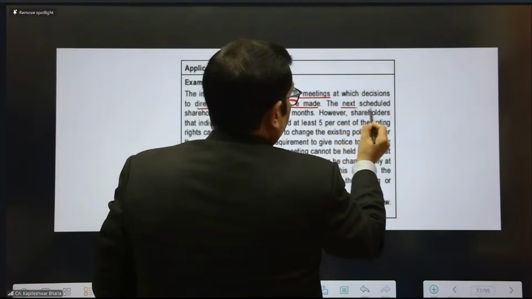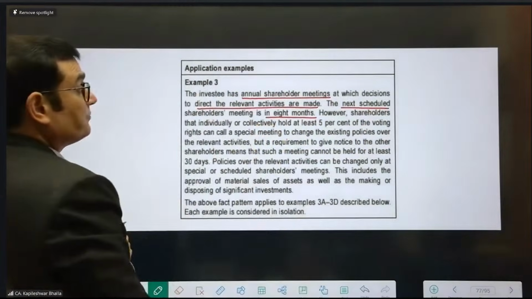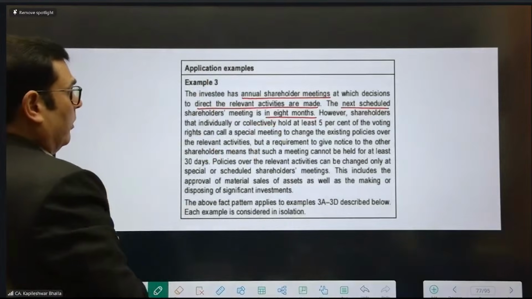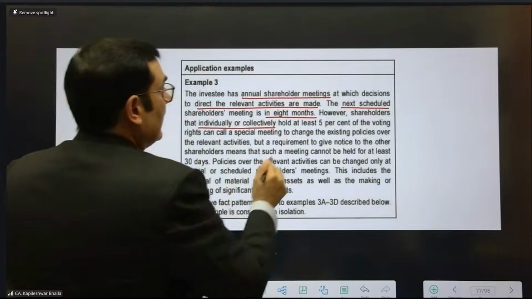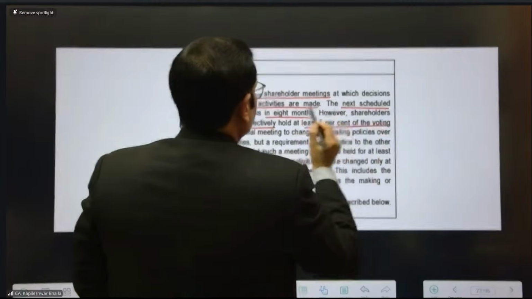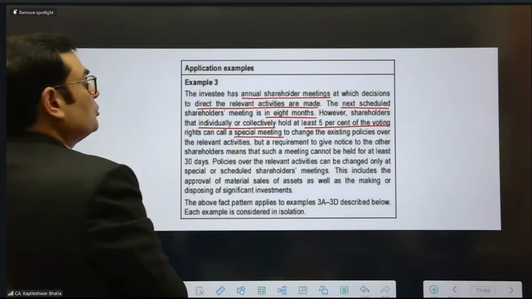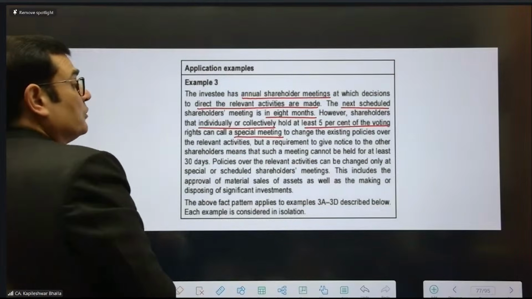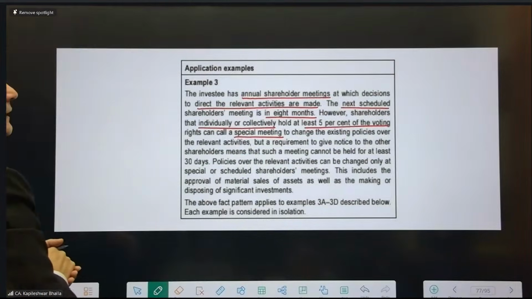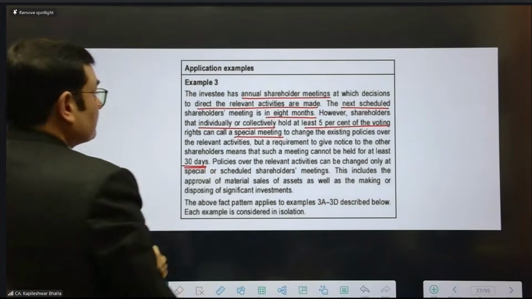It says the next scheduled meeting is in 8 months from now. However, the shareholders individually or collectively with at least 5% of the voting power can call a special meeting to change the existing policies over relevant activities, but a requirement to give notice to the other shareholders means that such a meeting cannot be held for at least 30 days.